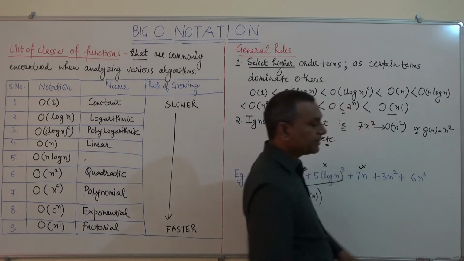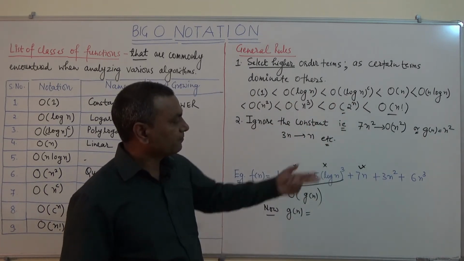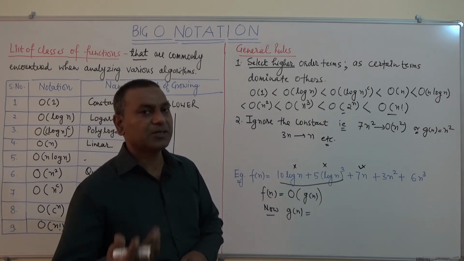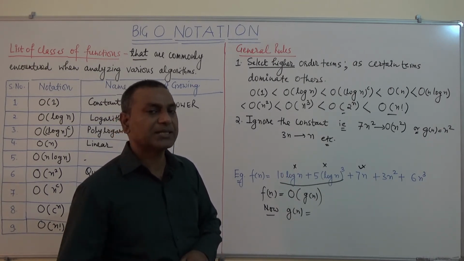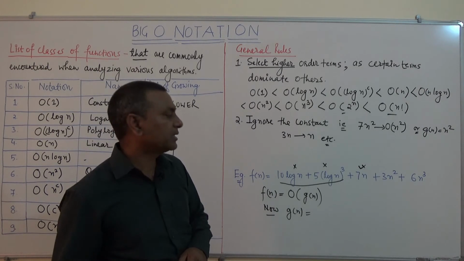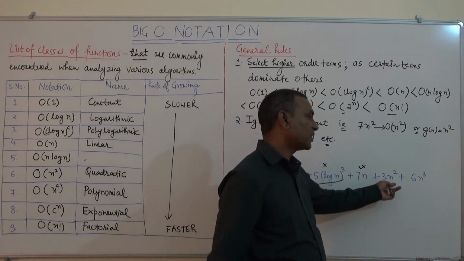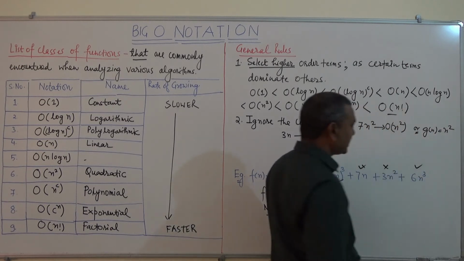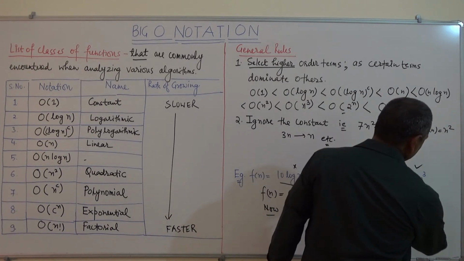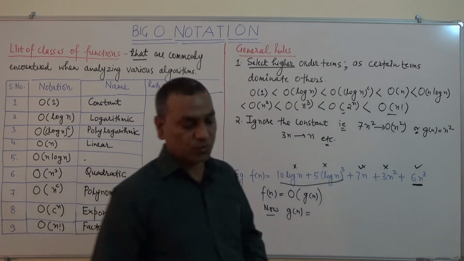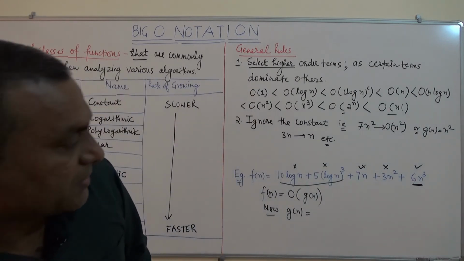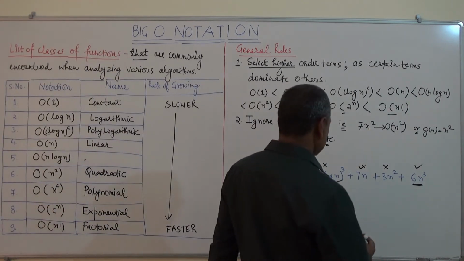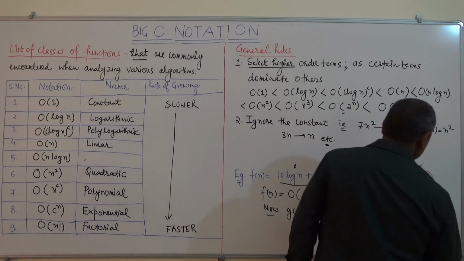Then we will compare 3n square with 6n cube. So n cube is a polynomial, and polynomial has the higher order than this n square, which is quadratic. So again we will not take this. So ultimately we will select this 6n cube.